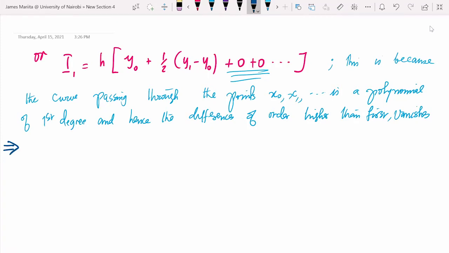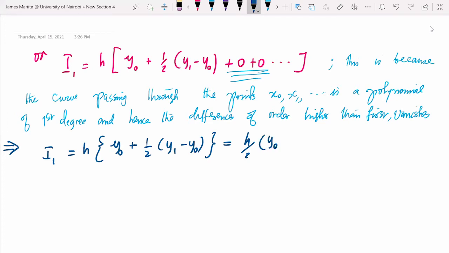We have it that I1 is equal to h times y0 plus a half of y1 minus y0. And this will be equal to h over 2 times y0 plus y1.